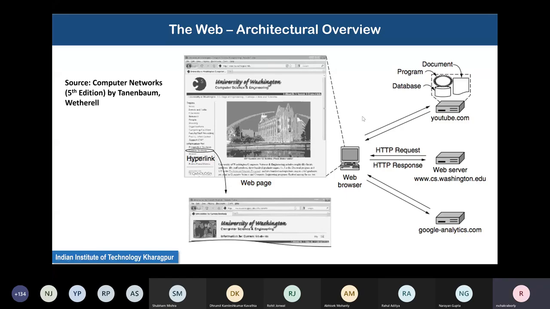If you want to display a relatively simple web page, like www.cs.washington.edu, you request the web server of the cs.washington.edu domain, you make an HTTP request to it. How do you make a request? We'll come to it.